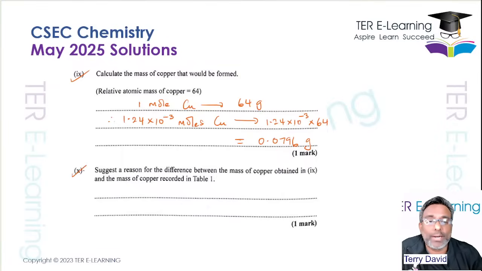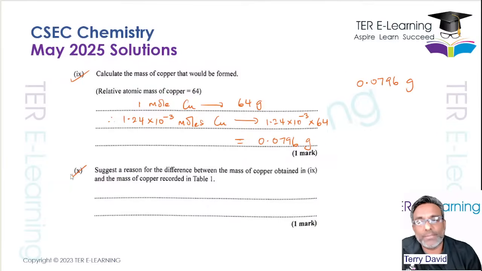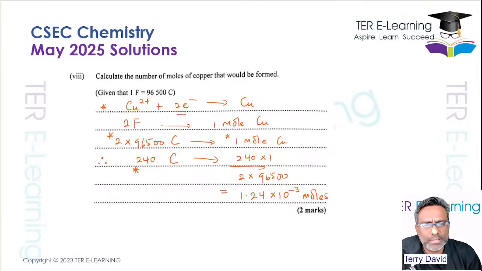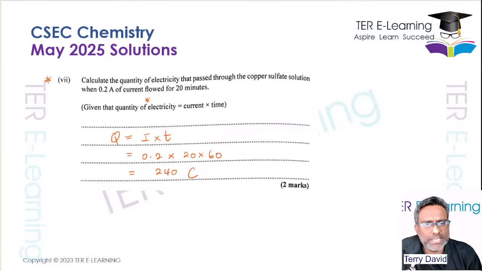And then this part here now suggests a reason for the difference between the mass of copper that we just calculated and the mass of copper in the table. Now the mass of copper that we calculated is 0.0796 grams. This is what we calculated. But if you go to the table, this time here was for, how much was it? 20 minutes.